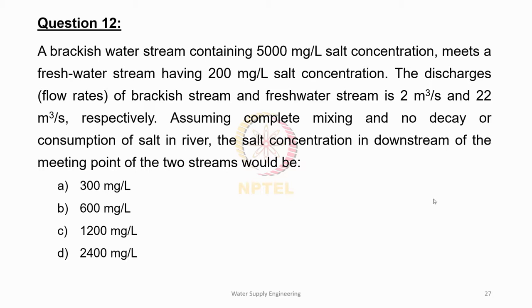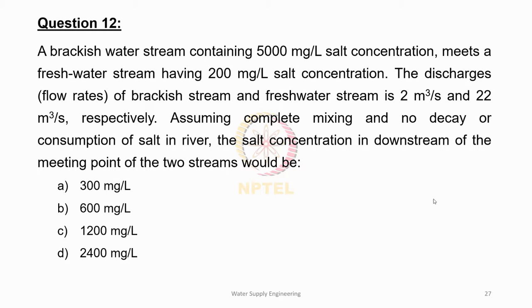The discharges, that is the flow rates, of the brackish stream and freshwater stream are 2 meter cube per second and 22 meter cube per second respectively. Assuming complete mixing and no decay or consumption of salt in the river, the salt concentration downstream of the meeting point of the two streams would be.